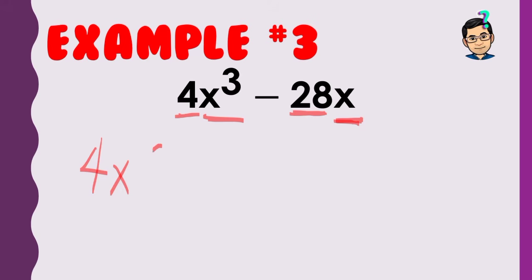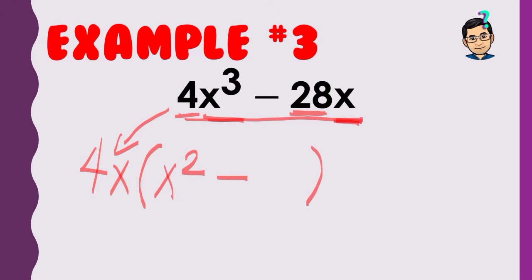Now, to get the expression inside the parenthesis, we have to divide the whole expression by the common monomial factor. 4x cubed divided by 4x is x squared. Minus 28x divided by 4x, that is 7. So, balikan lang natin, paano naging x squared ito?